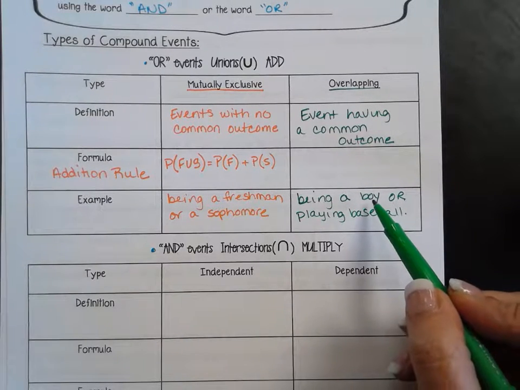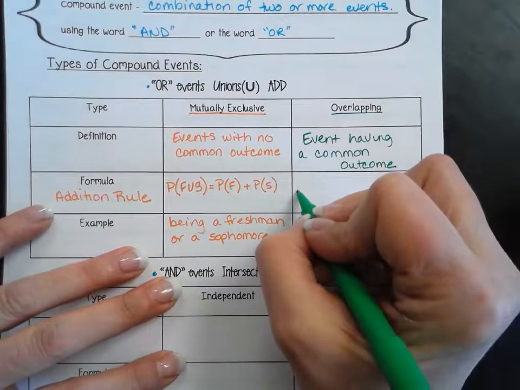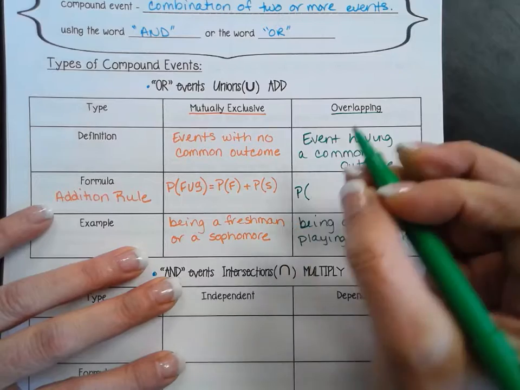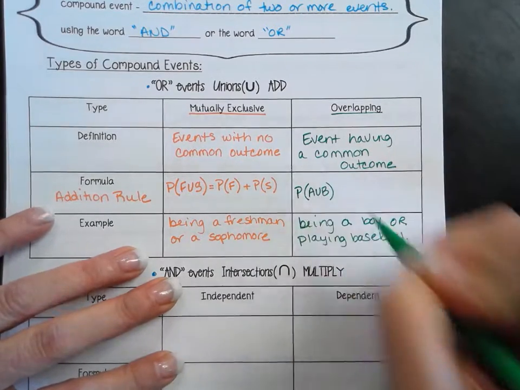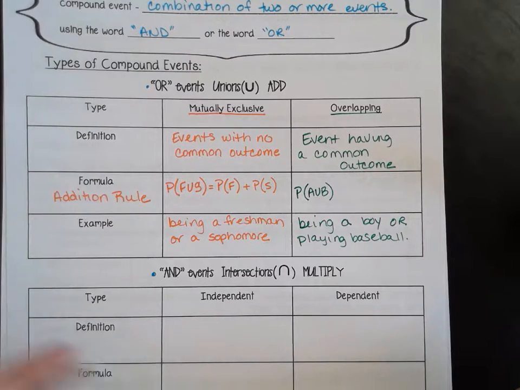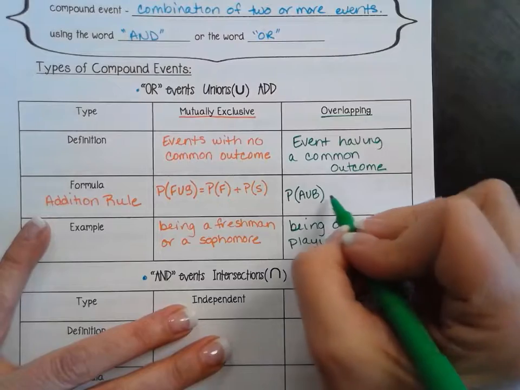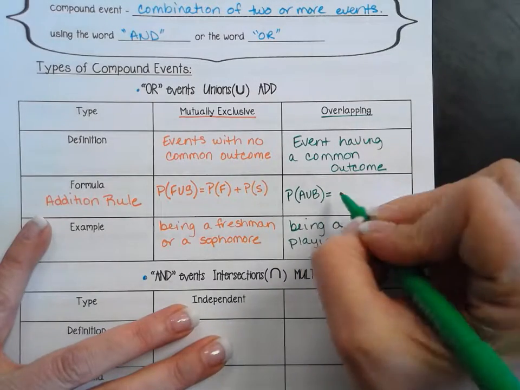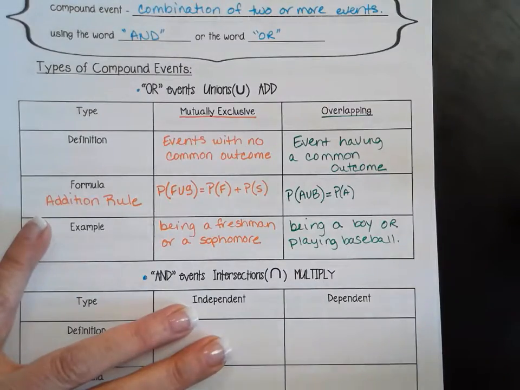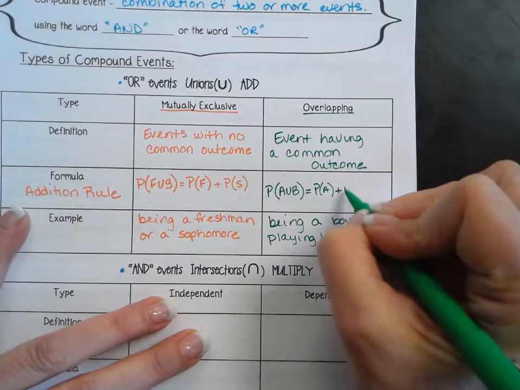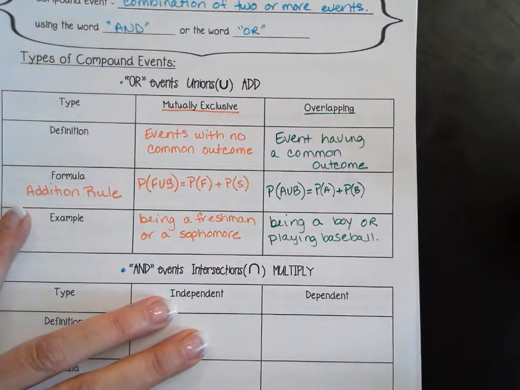All right? So to find that, the common thing is to use A and B as examples, and I'm not going to do that because otherwise I'd have two B's and that would be confusing. I'm going to find the probability of being a boy, and I'm going to add that to the probability of playing baseball.